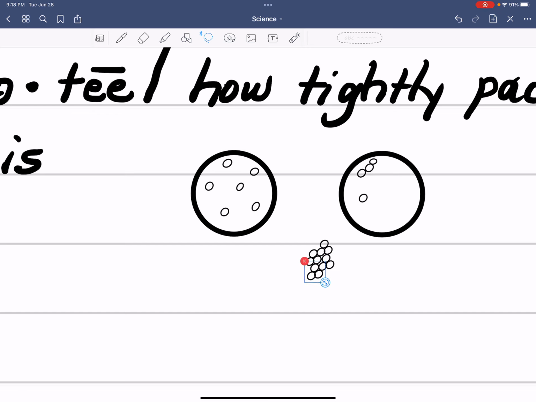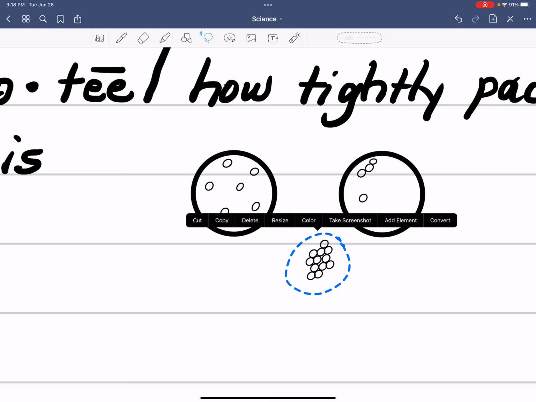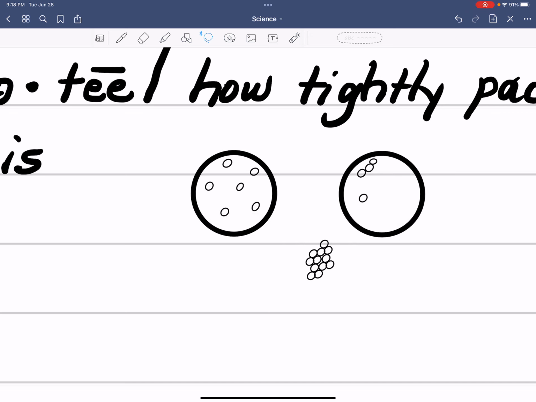I'm going to let those molecules keep packing together. And then I'm going to move those molecules into that bowling ball. Do you see the concept that I'm trying to show you of density? The bowling ball is therefore going to weigh more because it has more tightly packed molecules. You get the gist of what I'm doing here. We're building in that density.